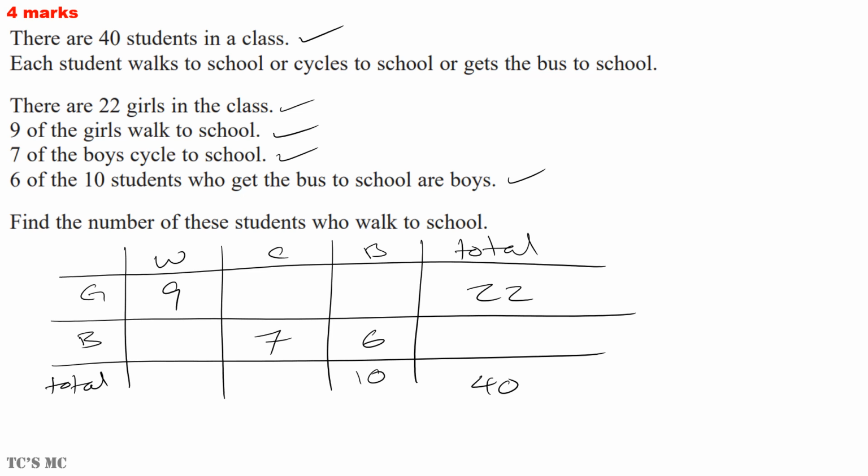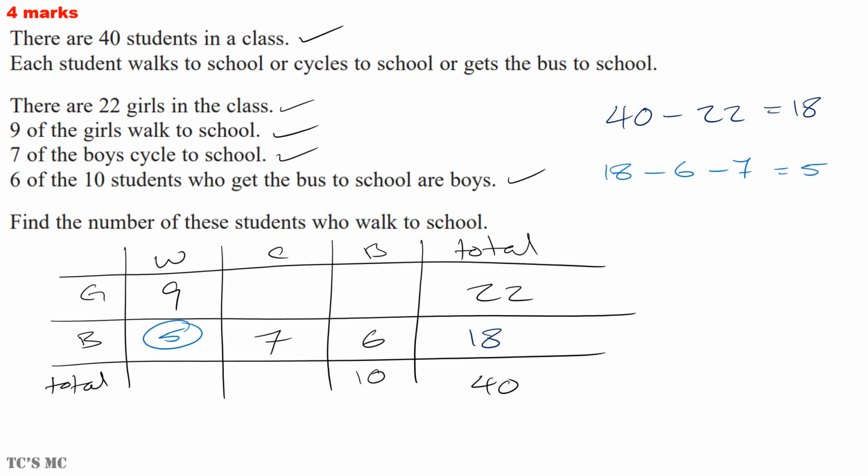To get my first mark, I'm going to do 40 take away 22 to get me 18. So now I know how many boys there are in total. To get my second mark, I'm going to work out how many boys walk to school. So 18, subtract 6, subtract 7, that is 5. So there's 2 marks there.